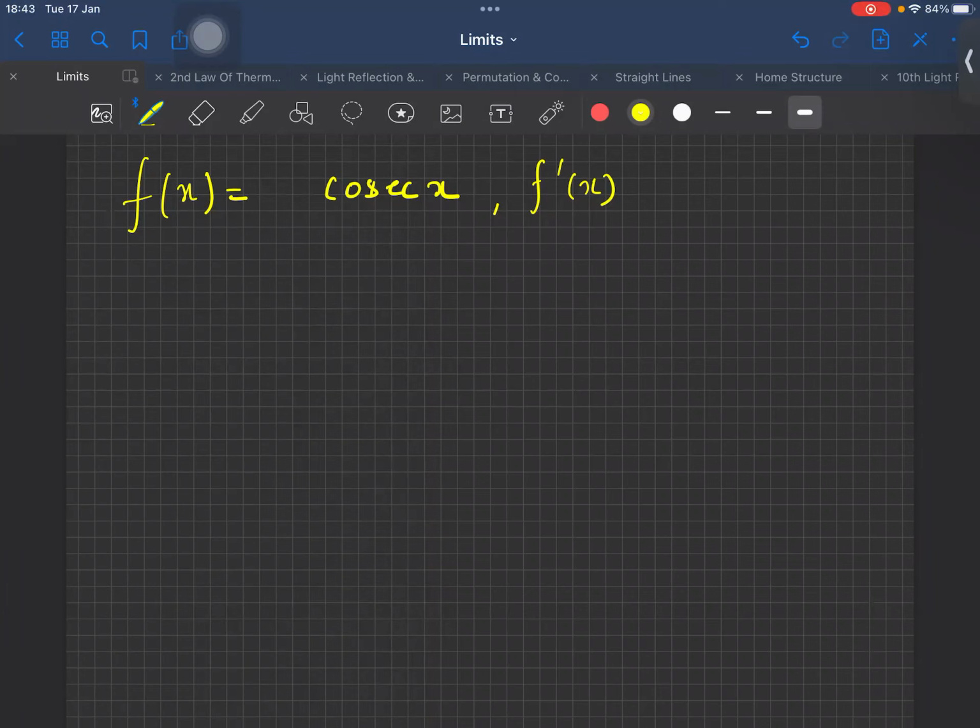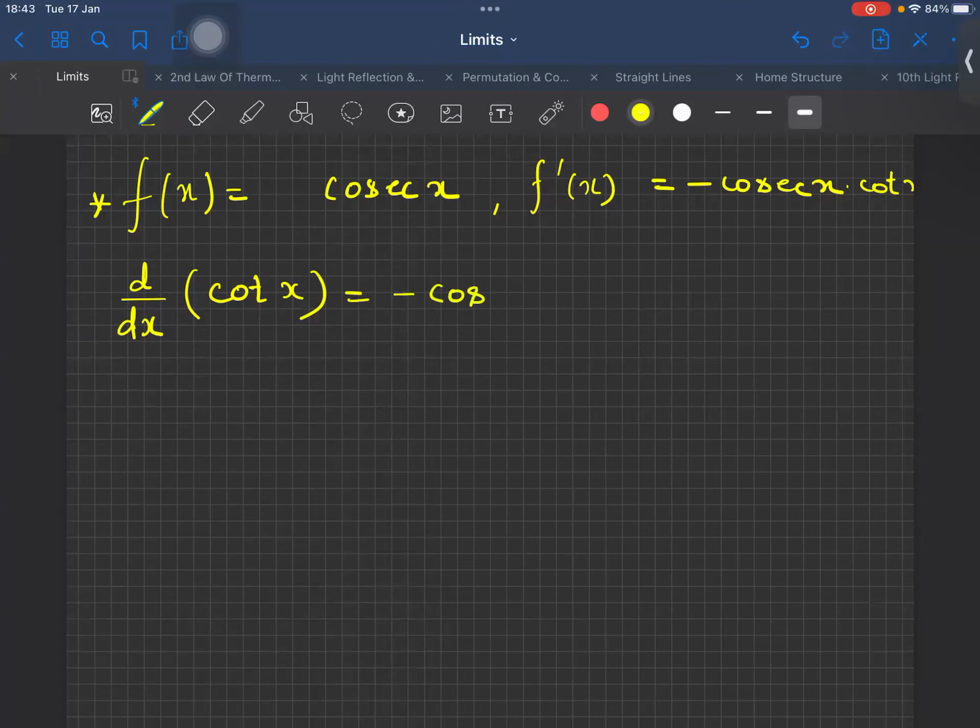Okay. So the derivative of this function is minus cosecant of x into cot x, right? Okay. So what will be the derivative d upon dx of cot x? Anyone?